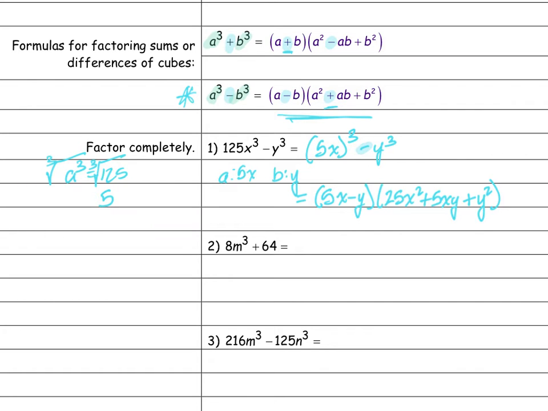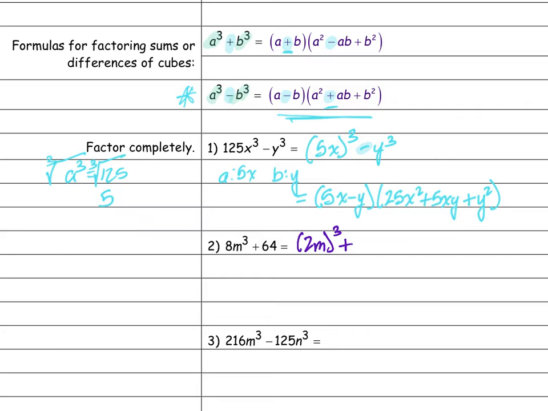Okay. So again, I want to write it as a cube. So I have to think to myself, what cubed is 8? Well, that would be 2. So I'm going to rewrite this as 2m cubed plus, and then the same thing with 64.